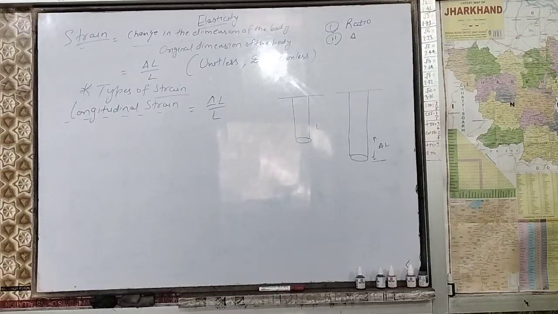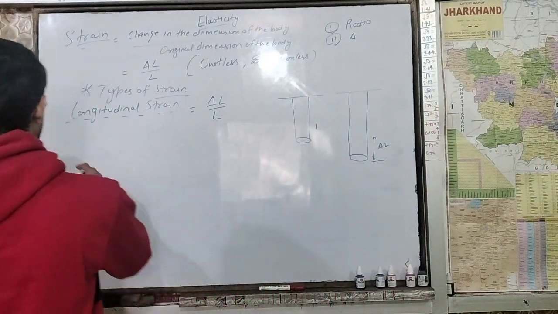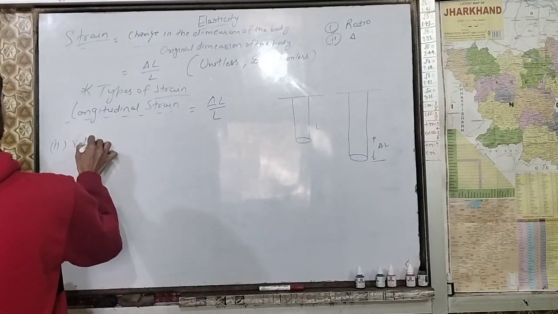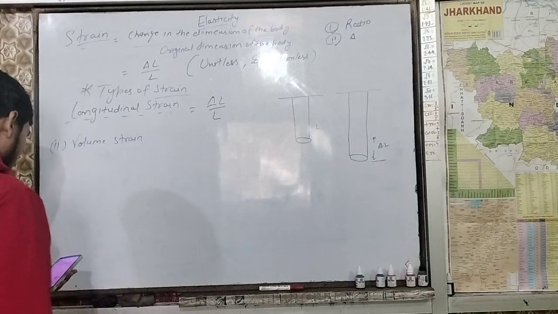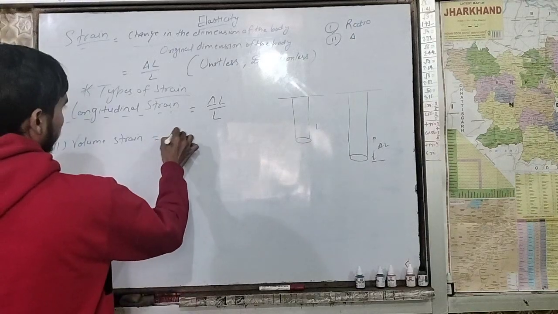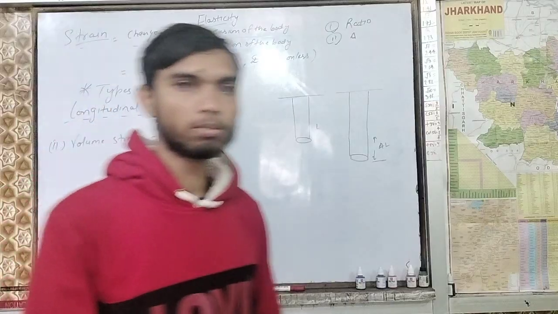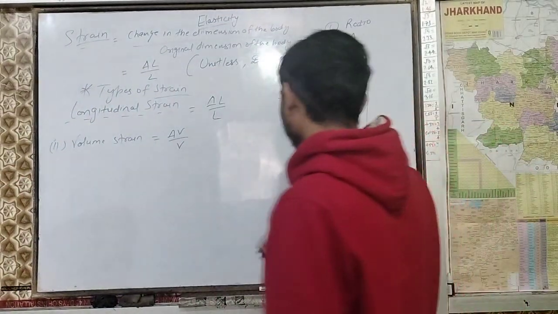So this is enough for longitudinal strain. Next, we have volume strain, and it provides dV, change in volume upon V. Let's visualize.